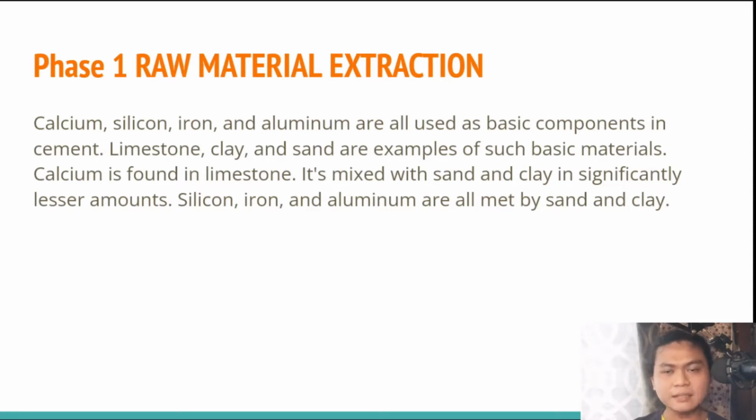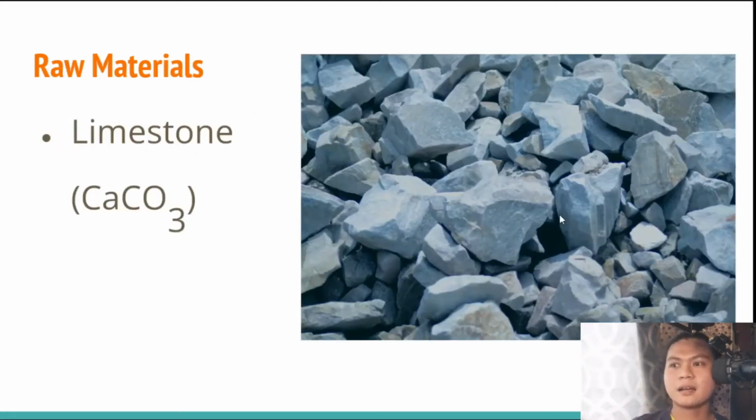So clay, on the other hand, is mined. It's found in several areas like what I've seen in Bukidnon. They are particularly red in color, so we'll get to know about them in the following slides. This is the limestone, which is the calcium carbonate, and this is what it looks like. As you can see, they are bigger in the picture, and that's why they need to be ground in the blenders to become the powder-like substance that they need to be in.